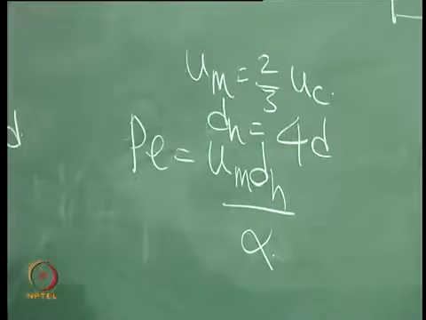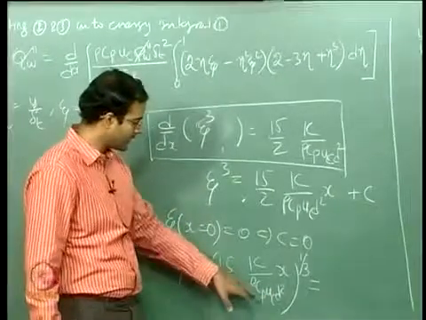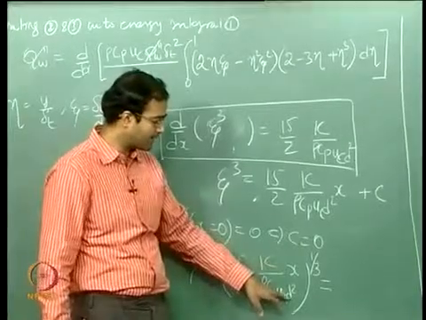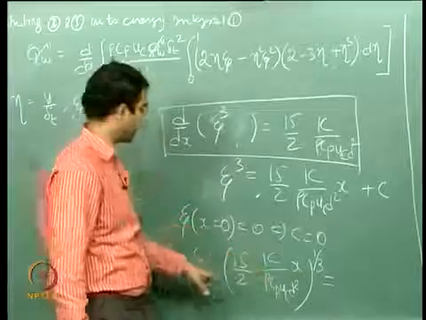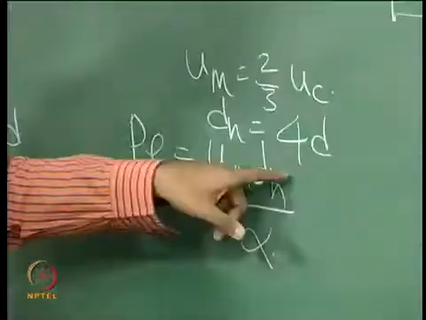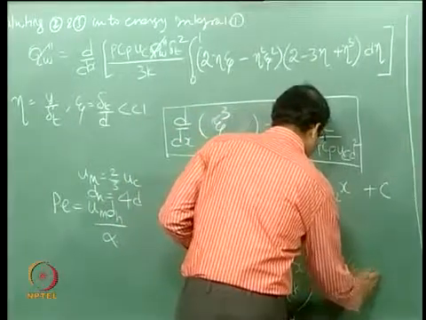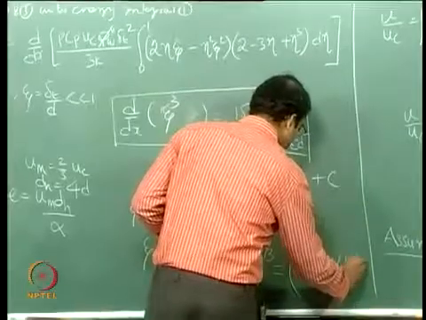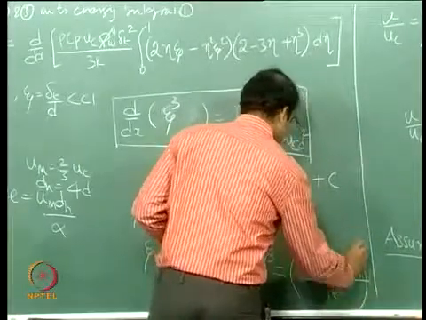So I have uc d by alpha, that is my Peclet number, and I have another d which I can write as x by d. Of course I have these multiplication factors which come out. So finally this will come out as 80, the multiplication factors, x by dh by Peclet number, the whole power 1/3.